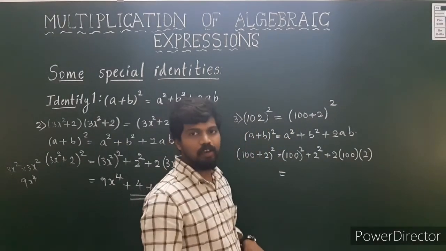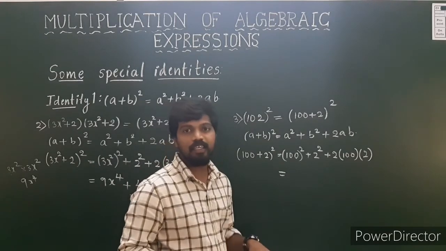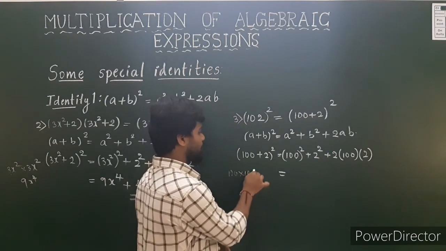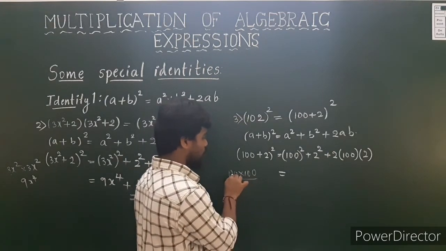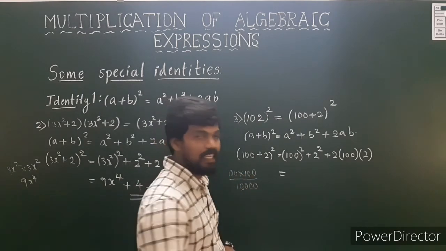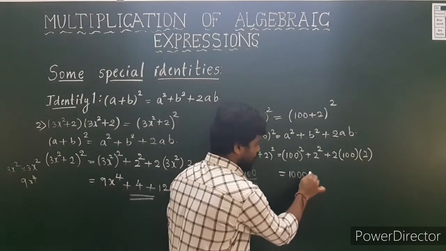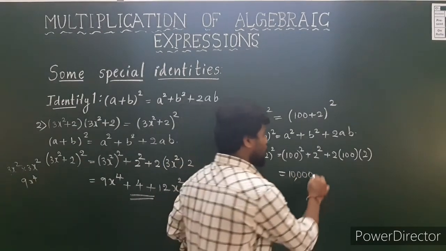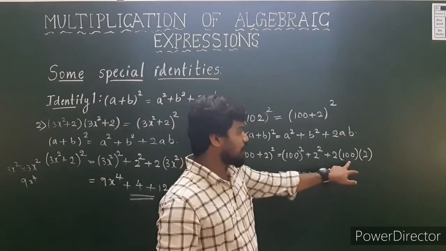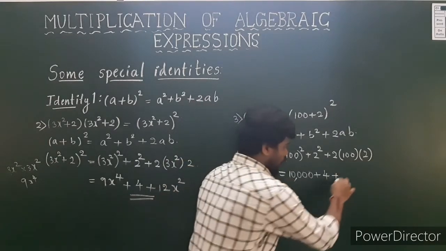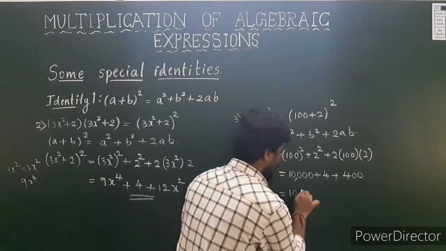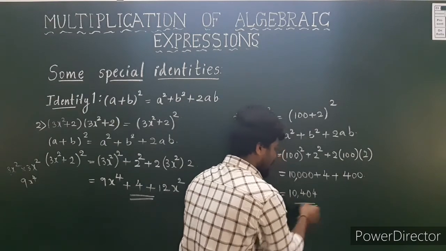The value of 100 square means 100 into 100, that is 1 followed by 4 zeros, 10,000. 2 square you have 4, and 2 into 100 is 200, 200 into 2 is 400. Now add, you get 10,404. So this is the answer.